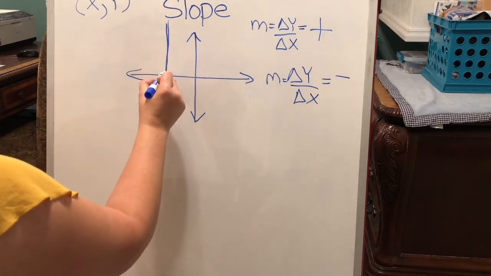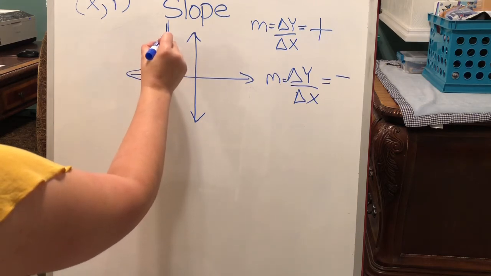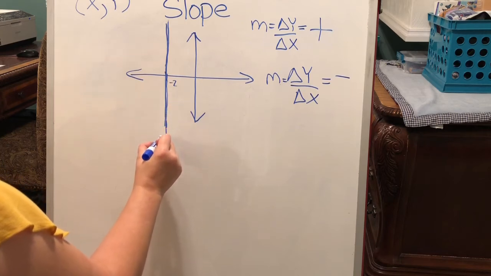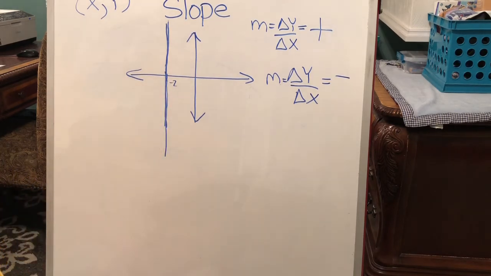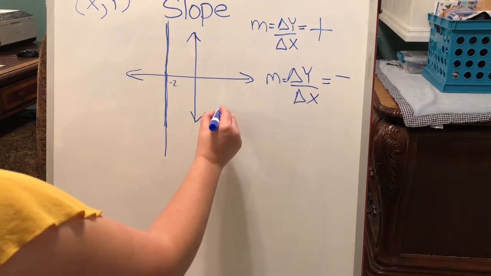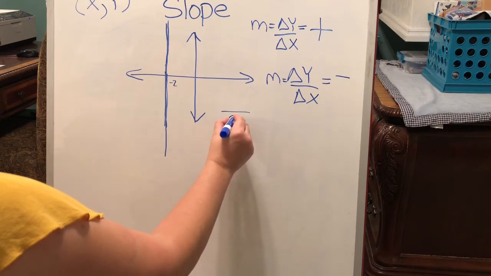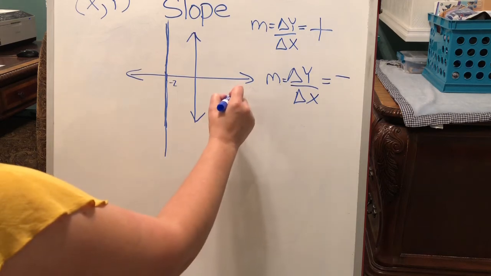The y is changing. The y could be 1, 2, 3, 4, 5, 100, and -1, -2, -3, -4, -5. But the x is not changing. So here we would say that there is a 0 change for x, and y is changing. So let's just pretend that number is 5.